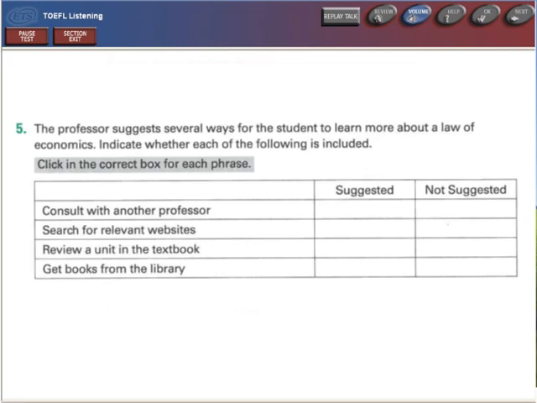The professor suggests several ways for the student to learn more about a law of economics. Indicate whether each of the following is included.